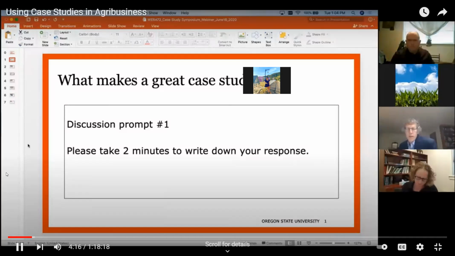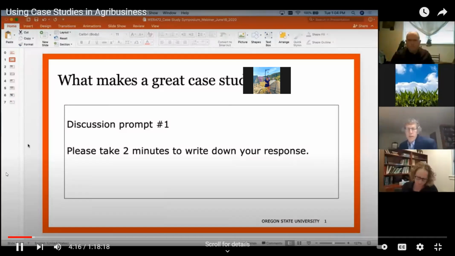So, in my experience with writing case studies and teaching with case studies, I have come up with this list that is really just from personal experience. There's really no formal citations here, just from my perspective, what makes a great case. I think the critical component of a really well done case is first off, there's got to be this central pivot point, this inflection point, a trigger, a decision needs to be made.